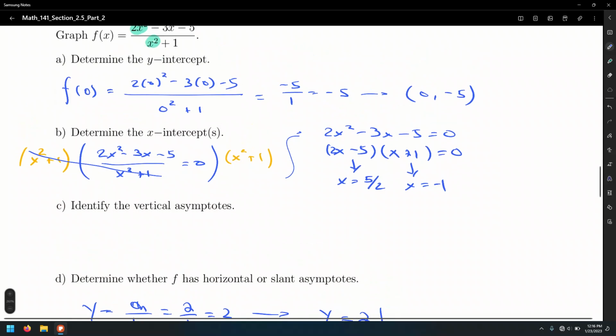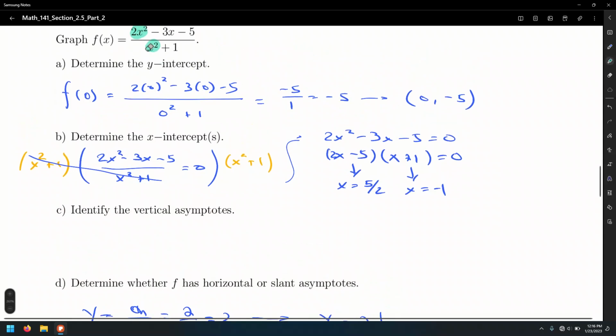And vertical asymptotes. For vertical asymptotes, all we do is focus on the denominator. x squared plus 1 equals 0. But check what's going to happen here. x squared equals -1, and then x equals plus or minus the square root of -1, and that's plus or minus the imaginary unit in this case.